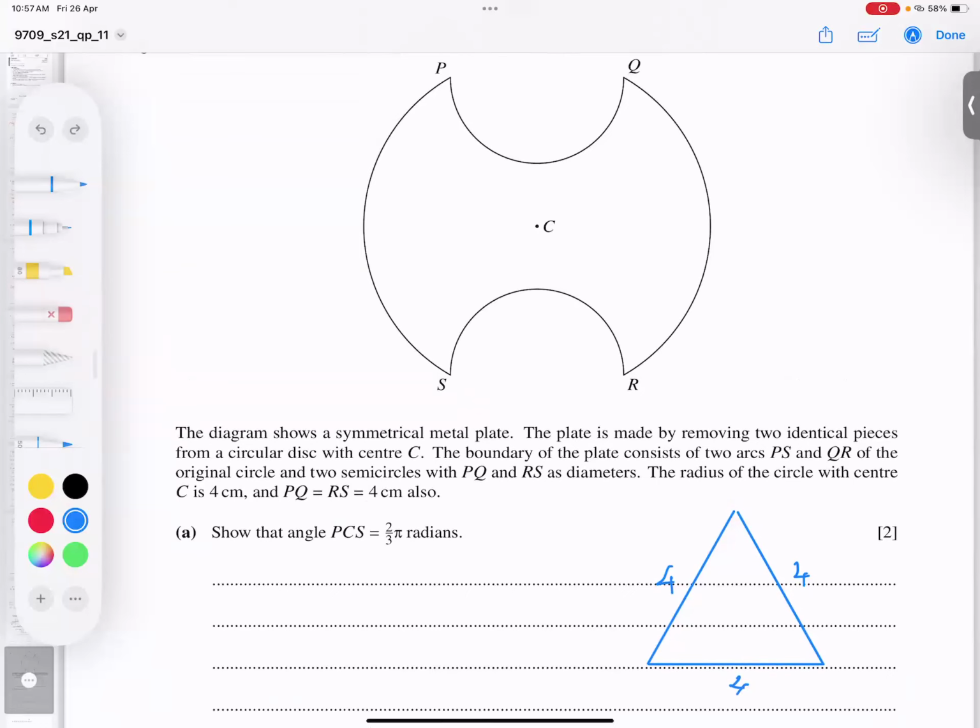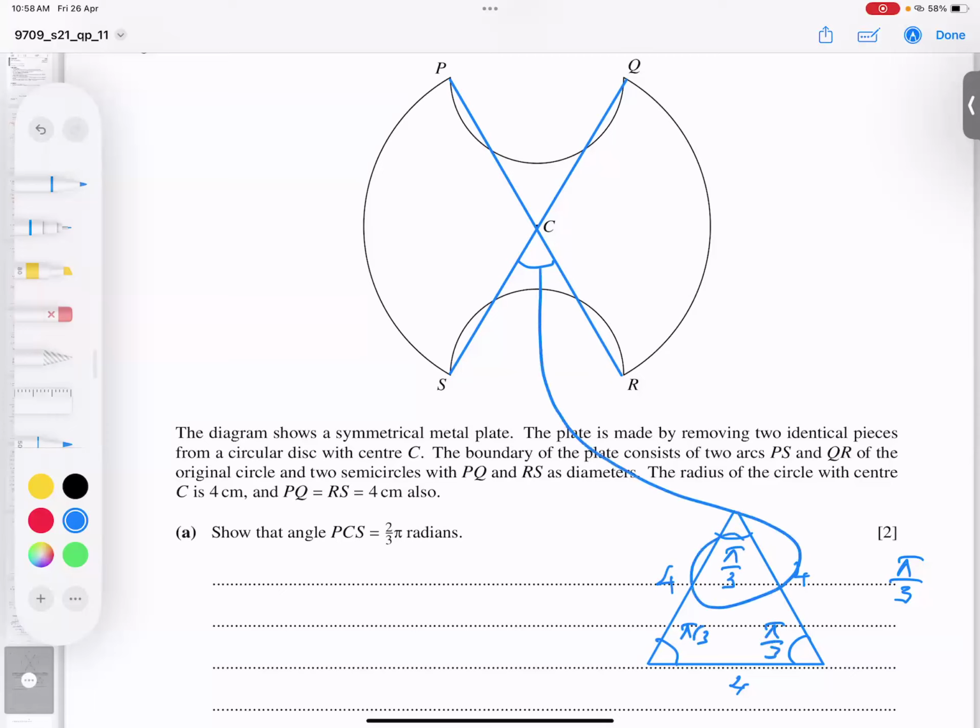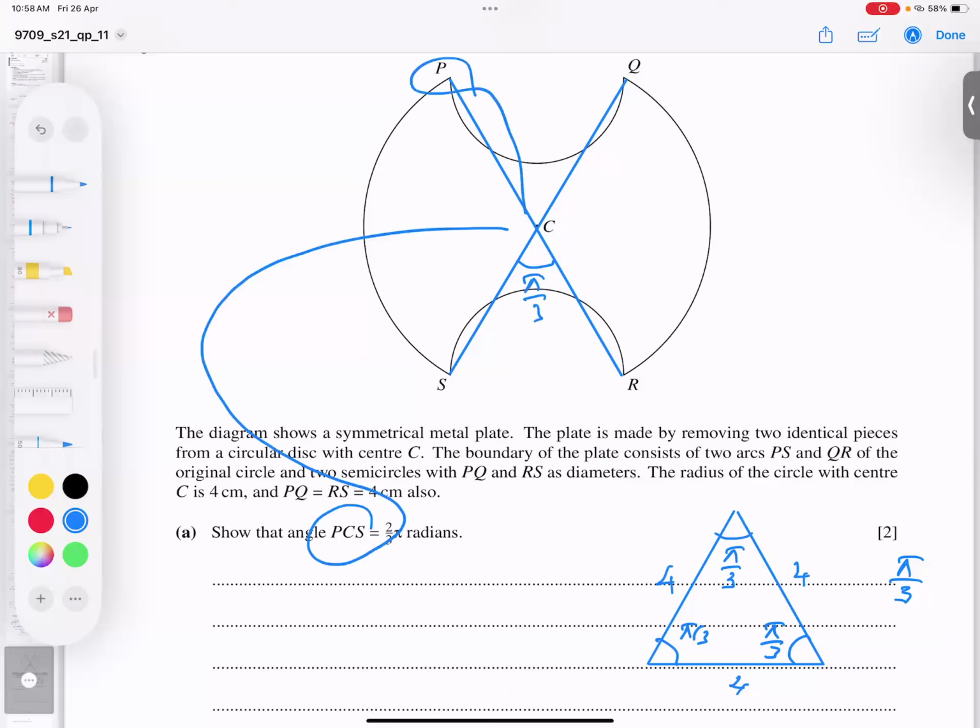Whenever an equilateral triangle comes, hold on, but he is asking for angle PCS. Where is PCS? If I join from here to there and go straight forward, these are both 4s. The sum of all angles is 180 degrees, in radians pi. If I divide pi by 3, each angle is pi by 3. So this angle is pi by 3, but he is asking for angle PCS.